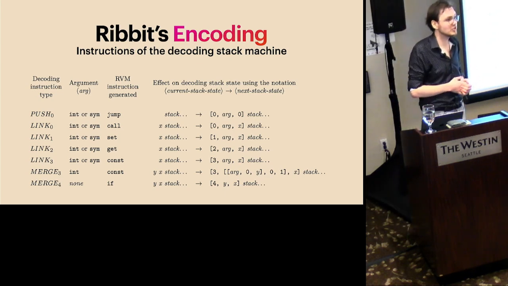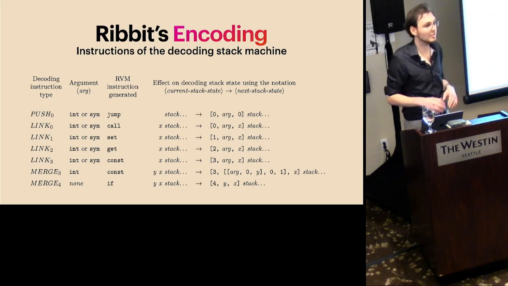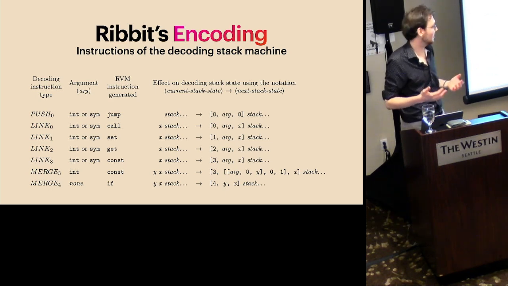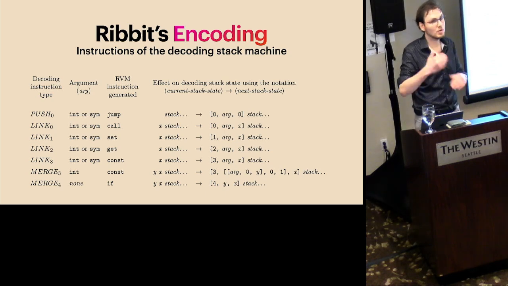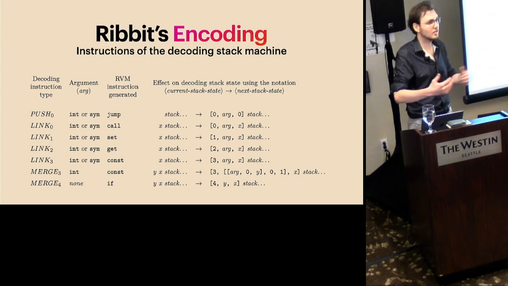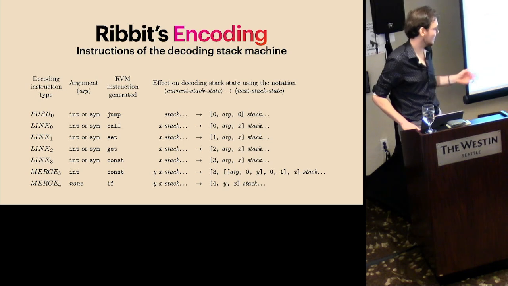And we have merge instructions that take the two values on top of the stack and create one rib with them. For example, the merge instruction is used to create ifs, because both flows are going to be on the stack, and we're going to take them and put them inside the if.